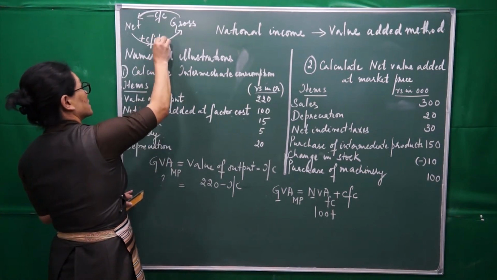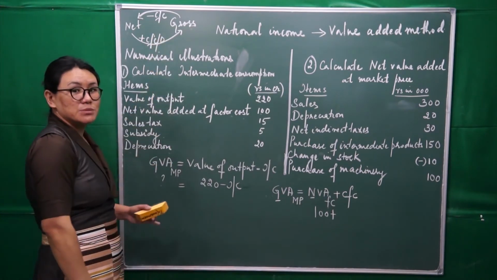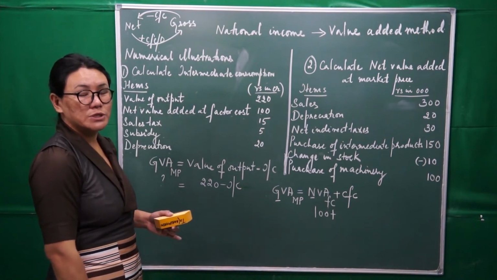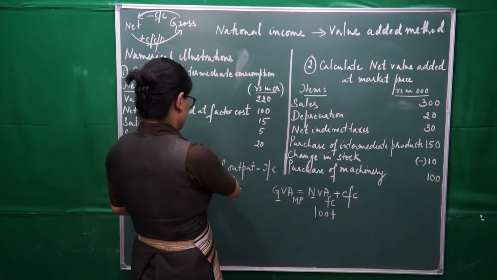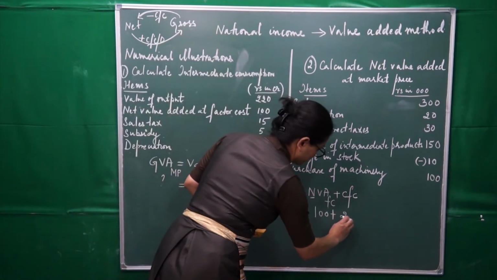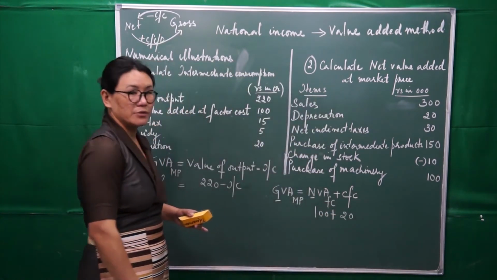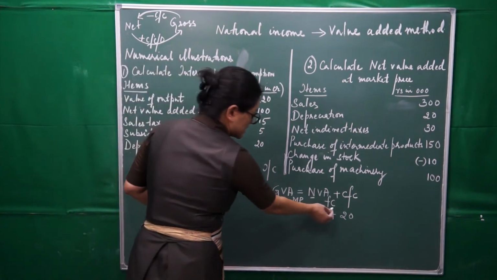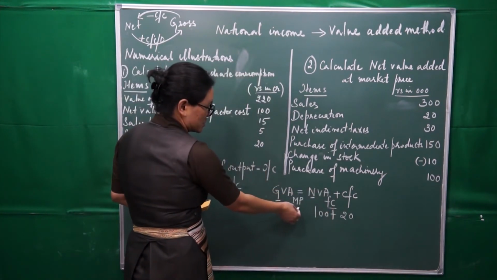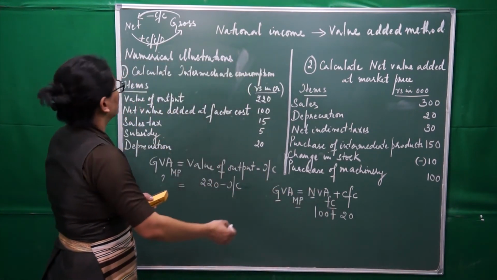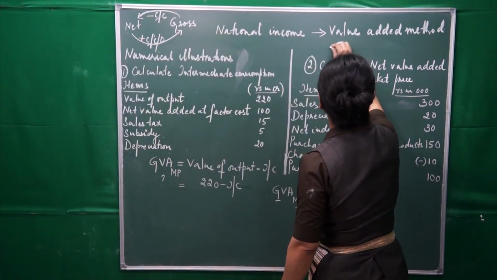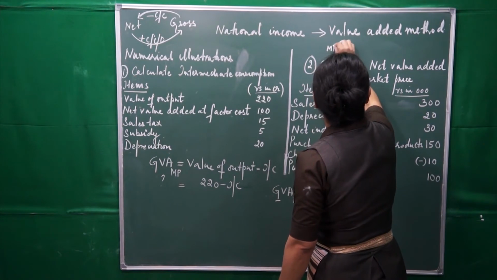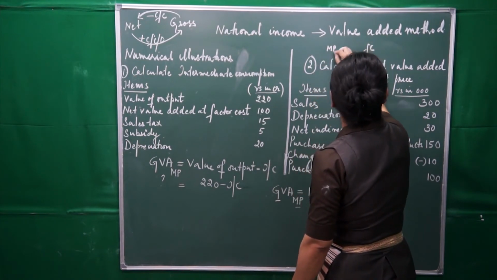Remember, I said CFC is consumption of fixed capital, which can also be called depreciation here. So CFC is given how much? 20. Still, the conversion is not over. This is factor cost into market price. Now remember, factor cost into market price, I will do conversion here.